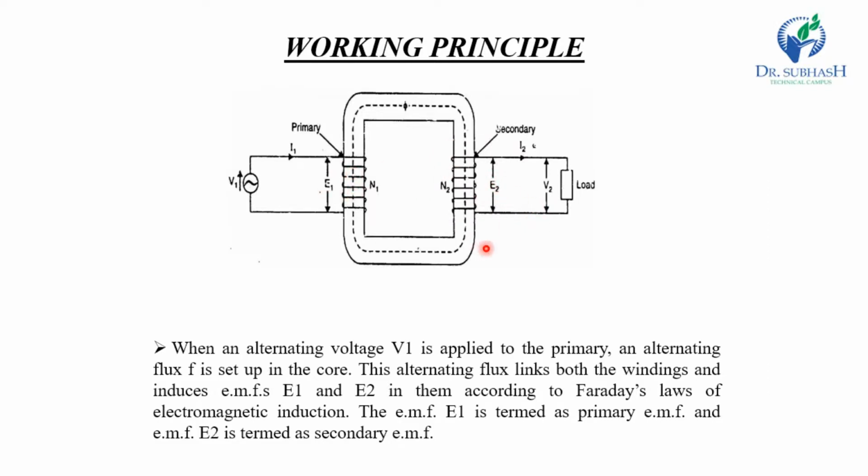According to Faraday's law of electromagnetic induction, the EMF E1 is termed the primary EMF, and the EMF E2 is termed the secondary EMF. Both EMFs E1 and E2 will be produced, and E2 is greater than E1 in a step up transformer, and E2 is less than E1 in a step down transformer.